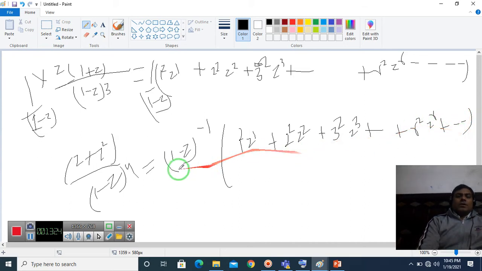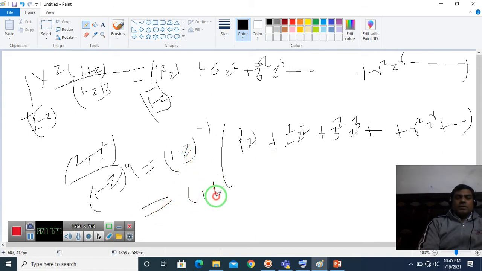Okay, now we should expand this series, 1 plus z plus z square plus z cube. Now the rest of the series remains the same.